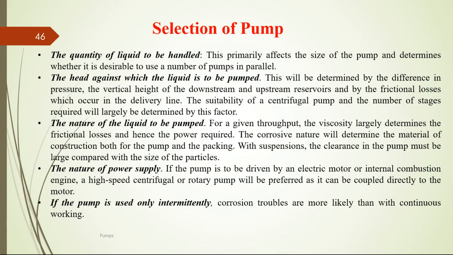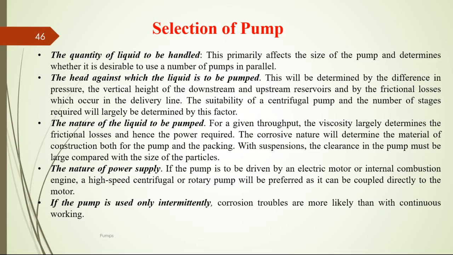The third one is the nature of the liquid to be pumped. For a given throughput, the viscosity largely determines the frictional losses and hence the power required. The corrosive nature will determine the material of construction both for the pump and the packing. With suspensions, the clearance in the pump must be large compared with the size of the particle.